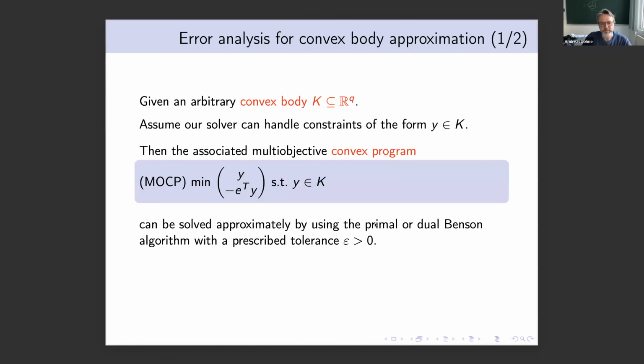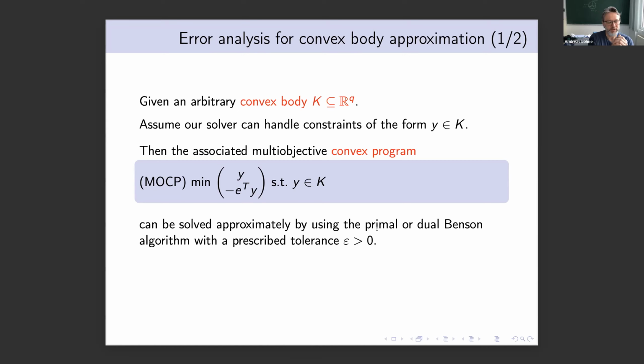And then the associated multiple objective convex program is this one. And this can be solved approximately by using, for instance, the primal or dual Benson algorithm. I have shown the idea of the primal Benson algorithm, and the dual algorithm is very similar. We just have to translate the idea of the primal algorithm to a polar setting.